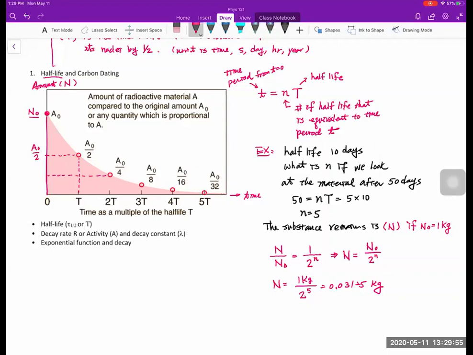Now, if we change this to another way to describe it, so we described what a half-life is. The book used tau/2, and I use the capital T to represent the half-life. Another thing you will see is that we can also describe the so-called decay rate.